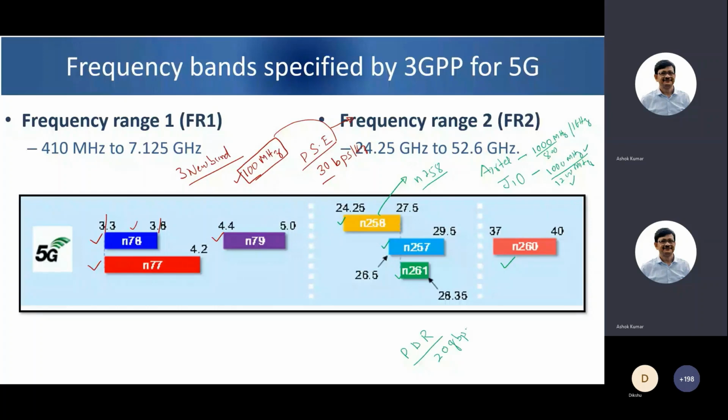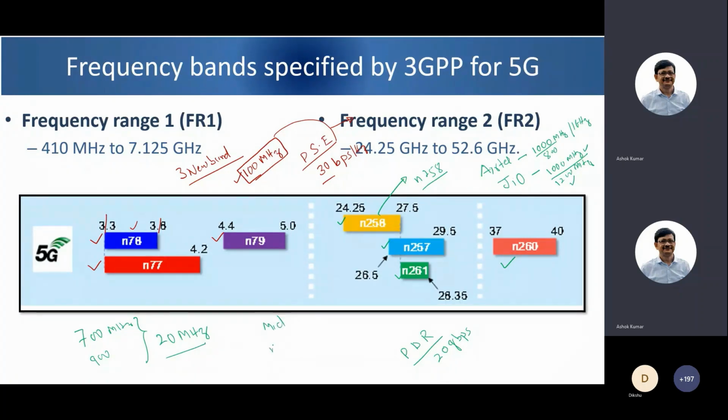And in this band, they'll be using only 20 megahertz, because on the lower side we don't have much spectrum. In the mid band, which is N78 or 3.5 gigahertz, operators will be using about 100 megahertz.